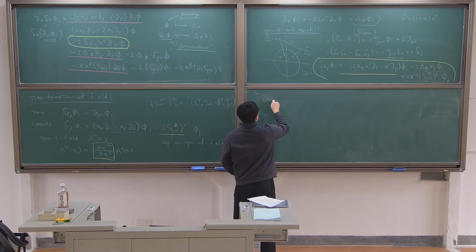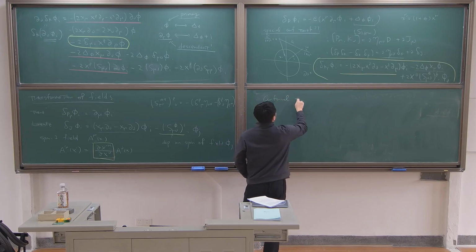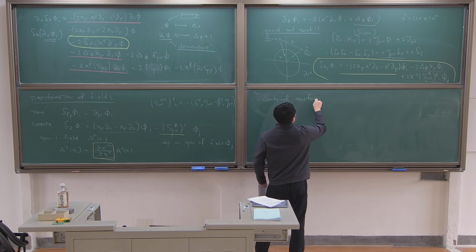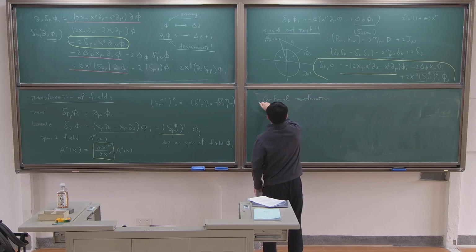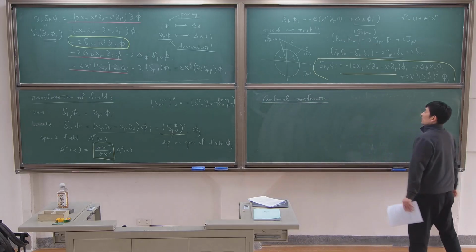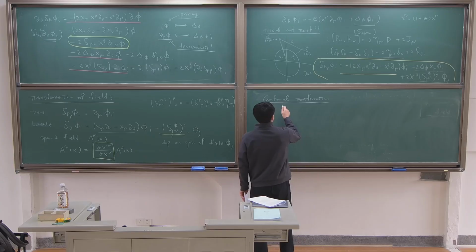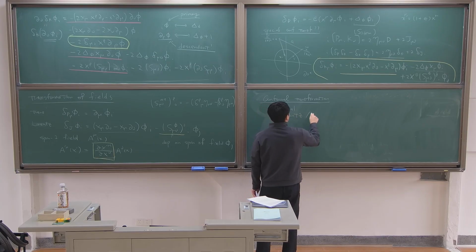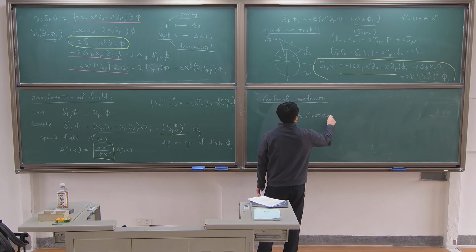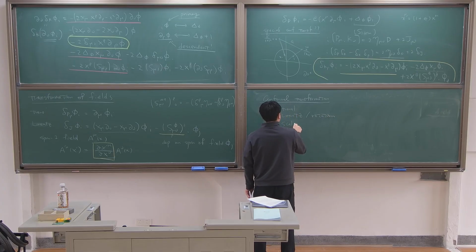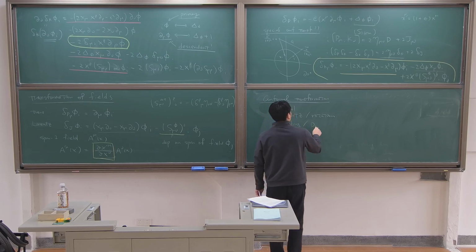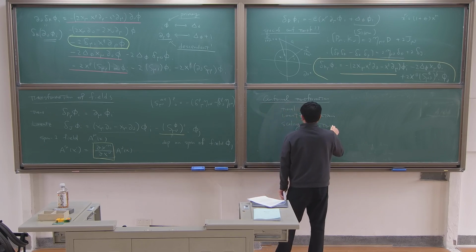So what is a conformal transformation? As I mentioned last time, it is generated by translation, rotation or Lorentz transformation, and the scaling or dilatation transformation.